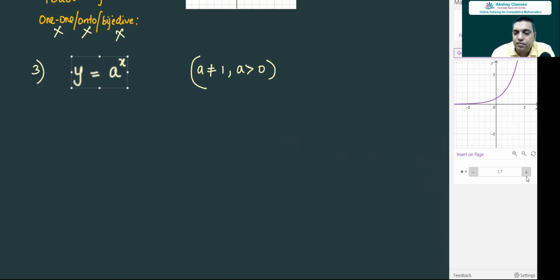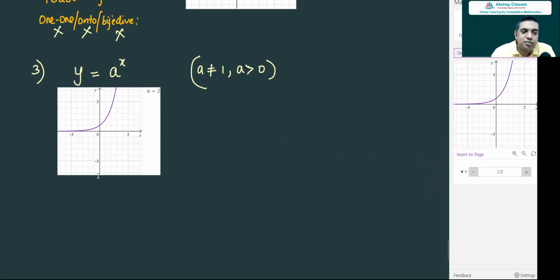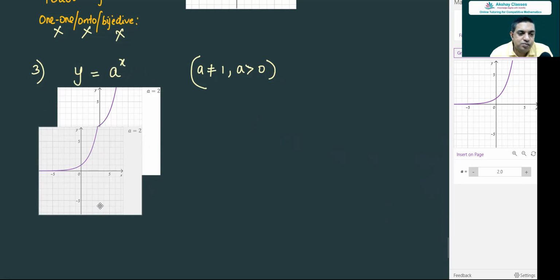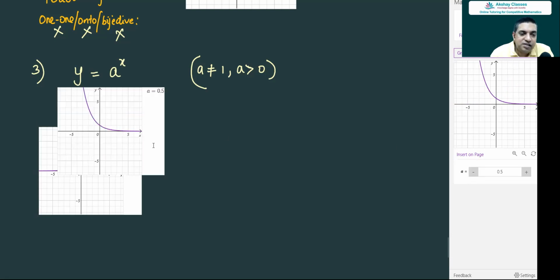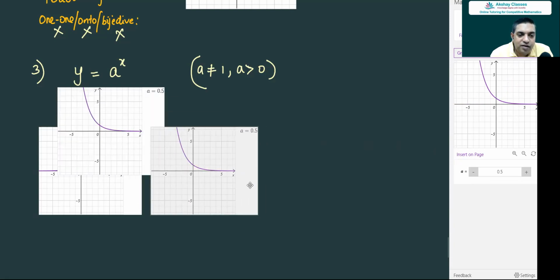So, I'll put a equal to 2. So this is a equal to 2. This is the graph. Now I'll put a equal to 0.5, that is 1 by 2. So this is a equal to 0.5.